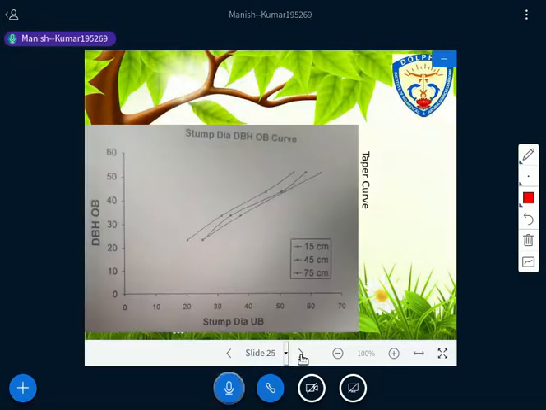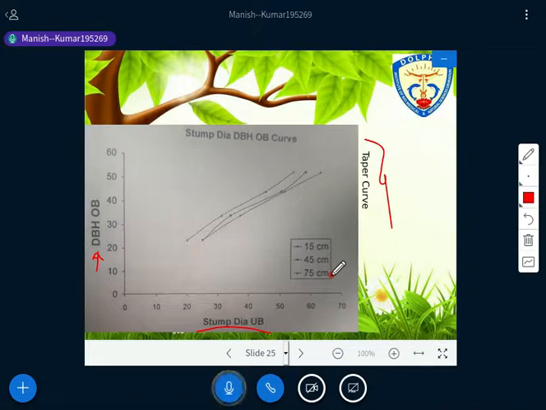And then we have another, this is the taper curve. As you look at here, taper curve. So you have just seen how the taper data has to be collected in form number 5. So we have collected this data, stump diameter under bark, and this is a relation that we need to establish through the taper curve: diameter DBH over bark and stump diameter under bark. And you just look, that is 3, 15, 45 and 75 centimeter there.